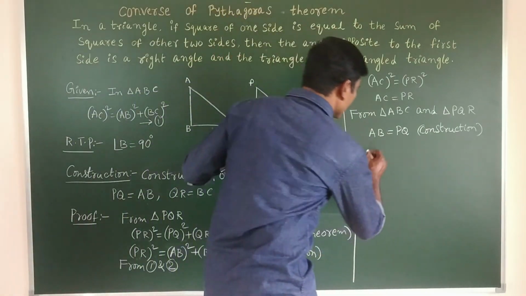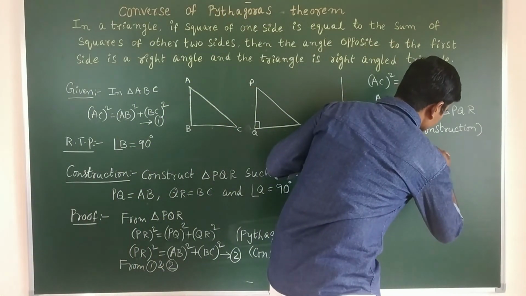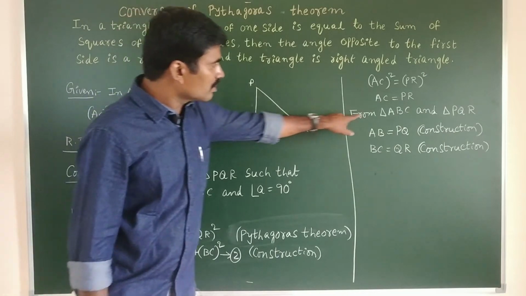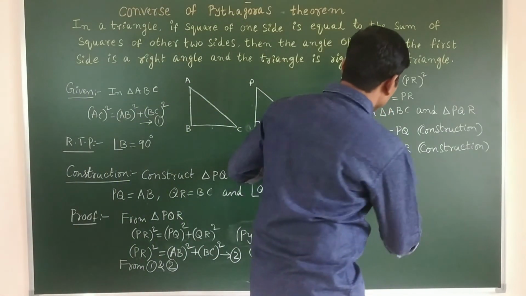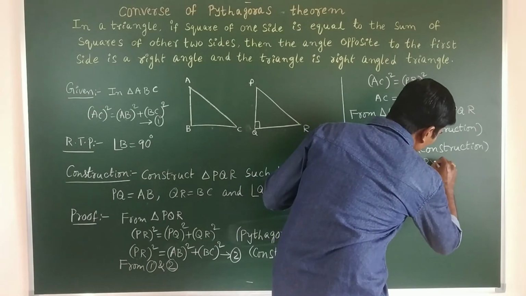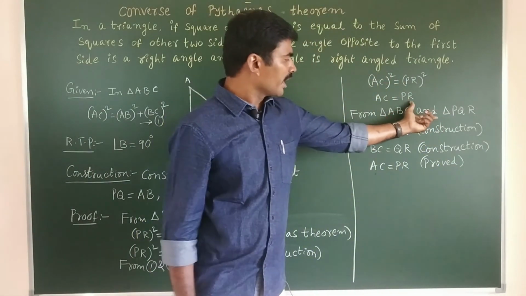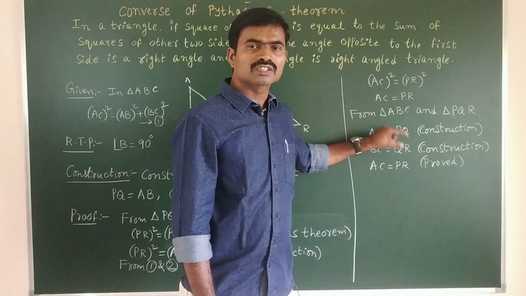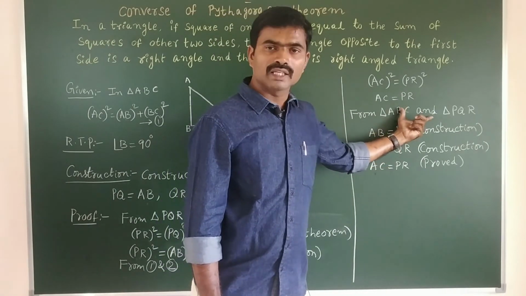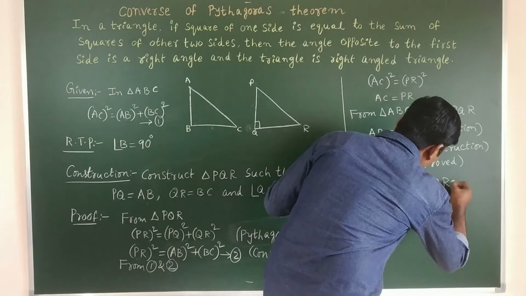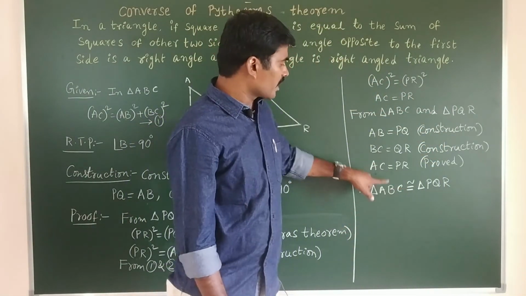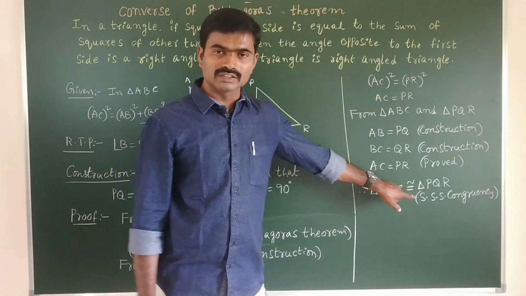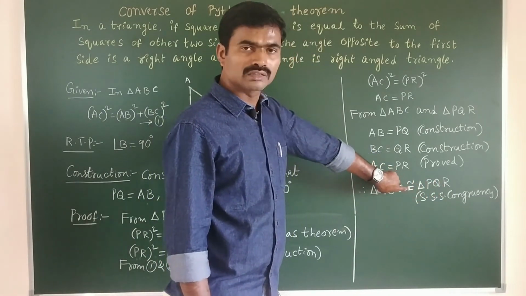And AC is equal to PR, which we proved. In these two triangles, all corresponding sides are equal. So, by the SSS congruency rule, the two triangles are congruent.